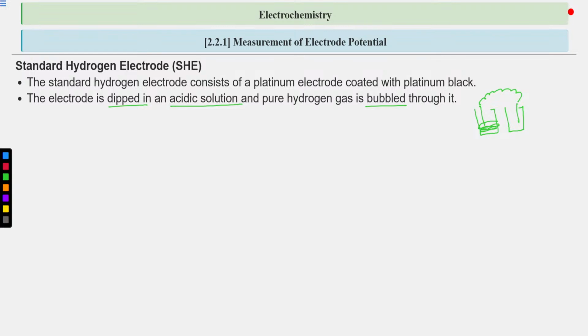But here we are talking about the SHE, a half cell. This is important, that's why I'm repeating. This is a half cell, so we are only using a single electrode, which is of platinum, coated with platinum black.